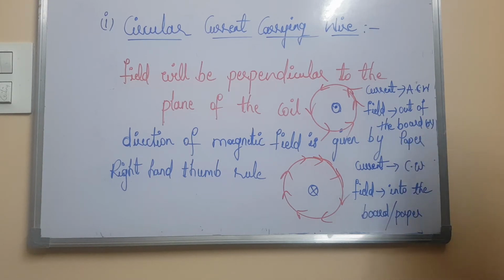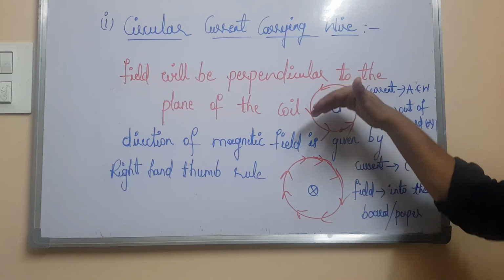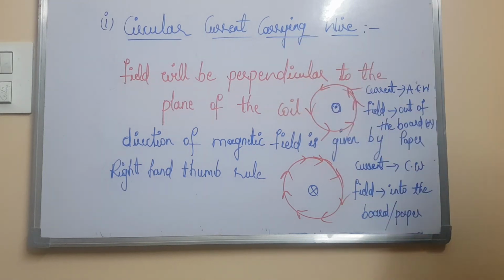Okay, so in this way we need to find the direction of the magnetic field in case of circular current carrying wire. Next, let us see about solenoid.